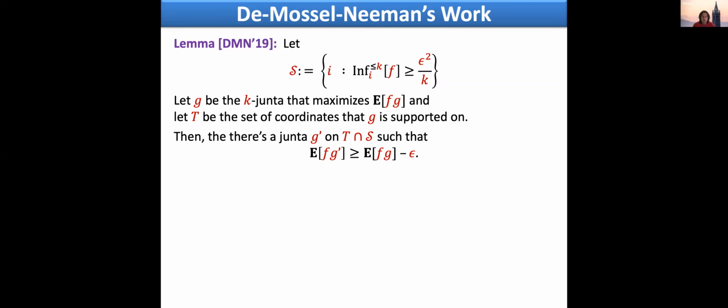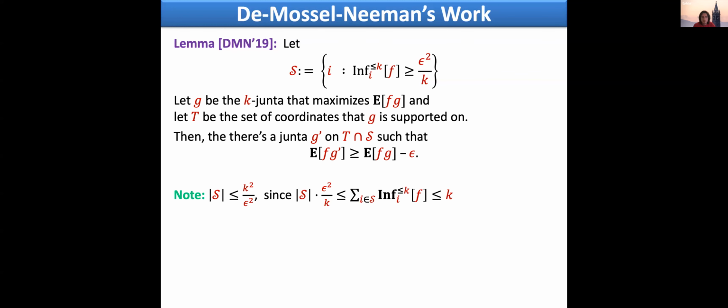So what this is really saying is it's justifying our idea that we can restrict ourselves to looking at only the coordinates in S. Because if we do that, we're only going to lose at most an epsilon additive error in the correlation with the nearest k-junta.